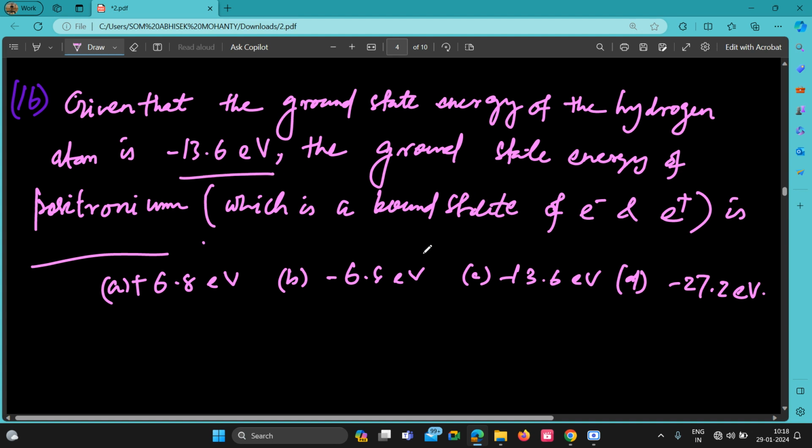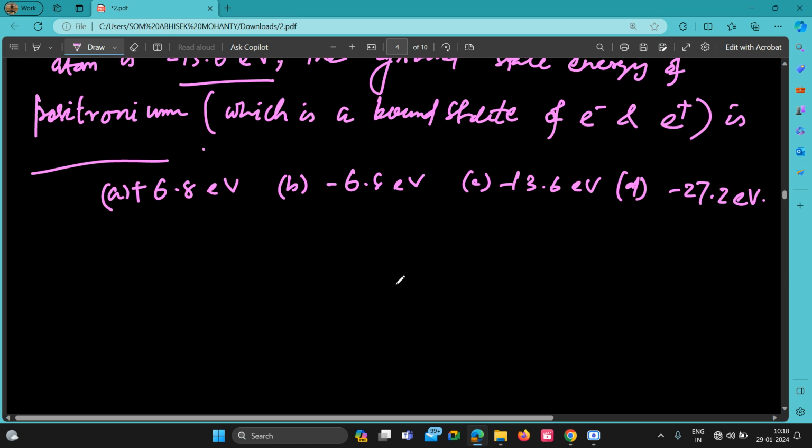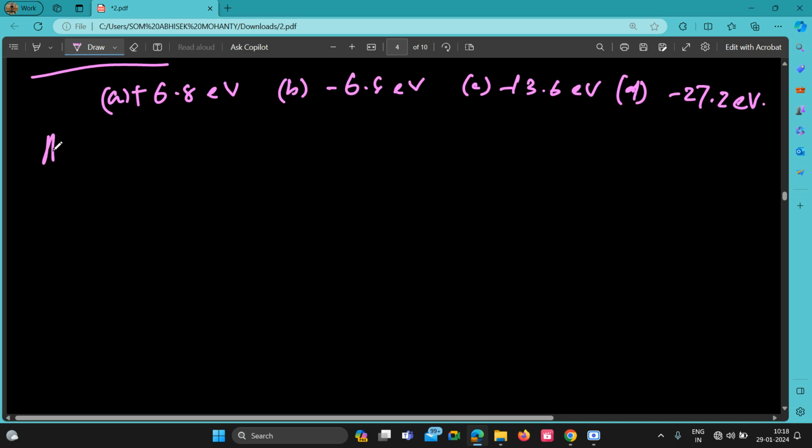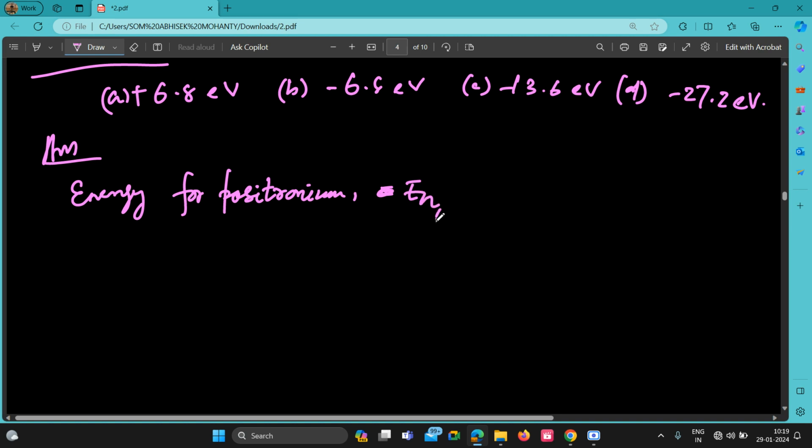This type of question comes a lot in exams, about positronium and hydrogen relations. It is an easy question, nothing much here. So what will be the energy expression for positronium?